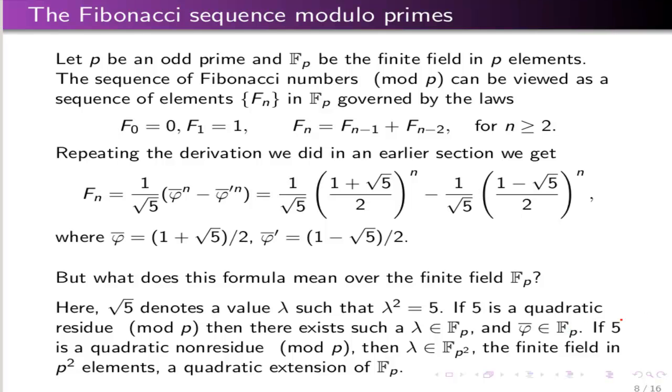If 5 is a quadratic non-residue, then the square root of 5 doesn't belong to F_p, and you have to go to a quadratic extension, which is F_{p^2}, the finite field with p squared elements. And that's where phi bar is going to be living. So phi bar here is an element of F_{p^2}.